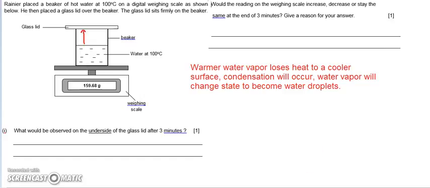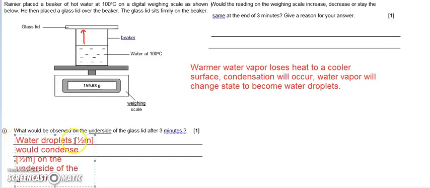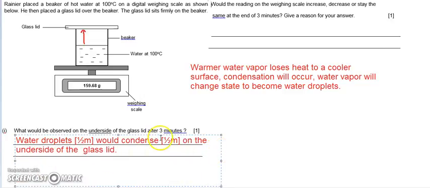So what would be observed on the underside of the glass lid after 3 minutes? What would be observed? Okay, so basically water droplets would appear. Water vapor, this is wrong.